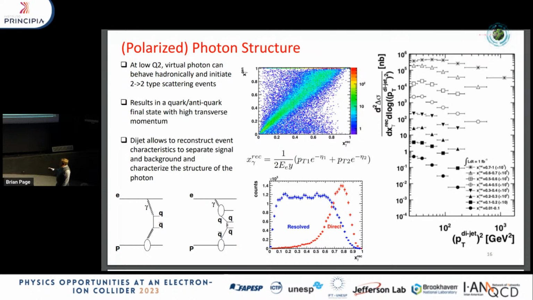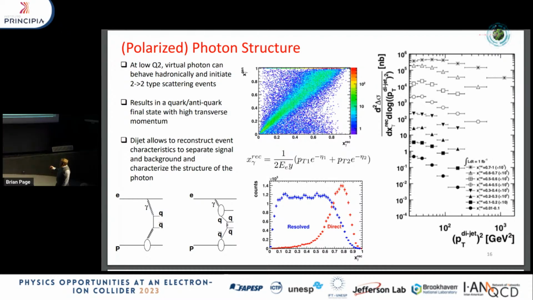We want to isolate the process where we have partonic 2-to-2 scattering. You do this by going to low Q squared, but we still have background from these so-called direct events like photon-gluon fusion, where the photon interacts in a point-like manner.